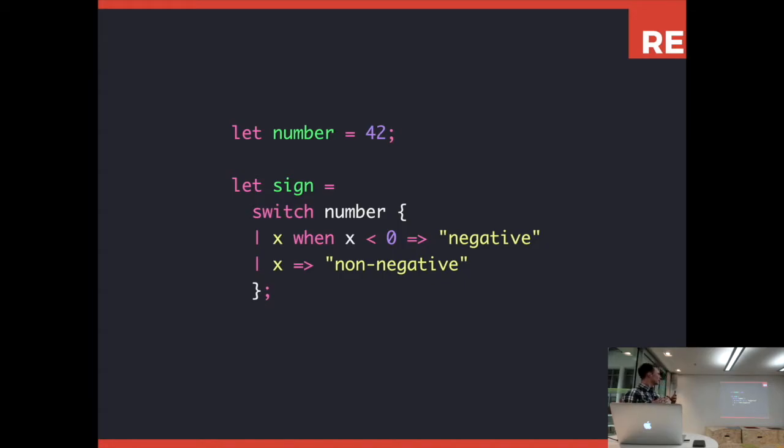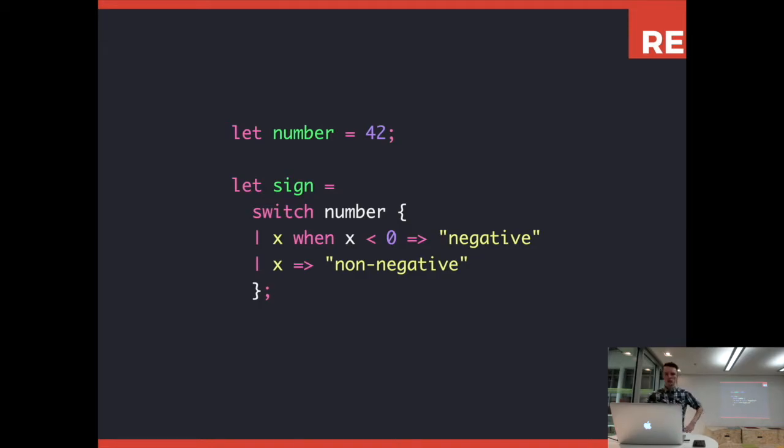Again, we determine if number is negative or non-negative by using a switch statement, which is like a JavaScript switch on crack. So it can do a lot more. Again, it is an expression. In JavaScript, switch is a statement. So this switch produces a value, right? Either evaluates to negative or to non-negative. And we assign that value to the sign let binding.